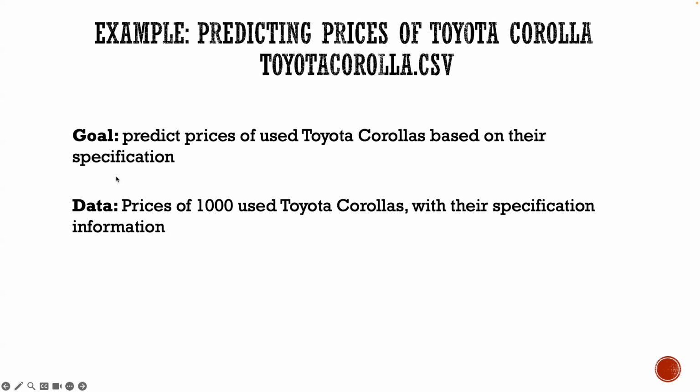Every car has specifications in terms of the age of the product, whether it's automatic or not, what color it has, etc. So we're trying to predict the price of each of these cars based on these specifications. And let's say we have prices of 1,000 used Toyota cars, as well as their specifications. So we are interested in predicting the price.